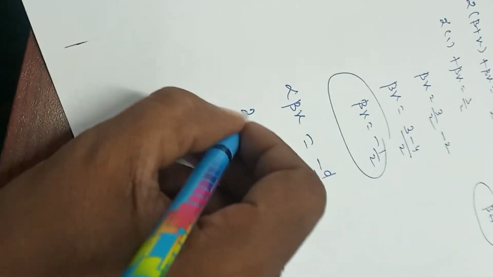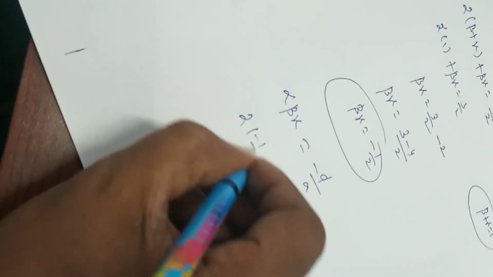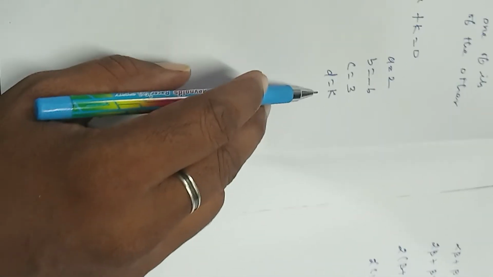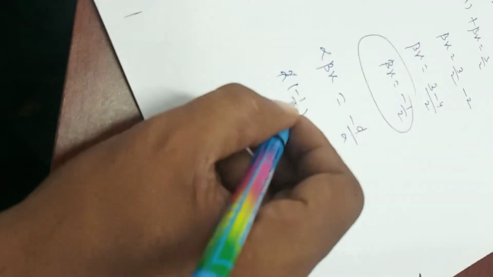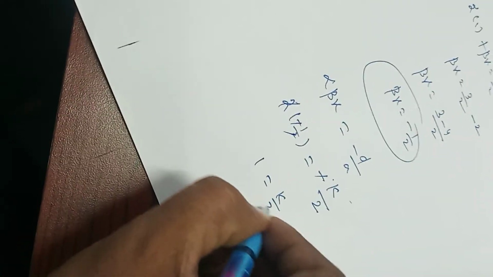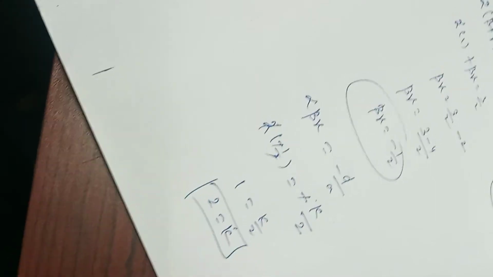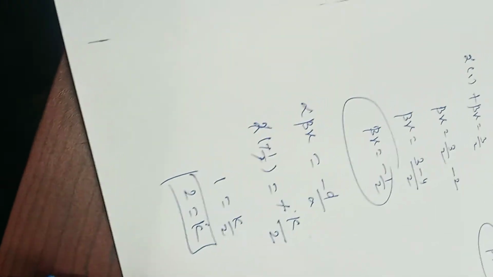Alpha is 2, beta gamma is minus 1 by 2, equal to minus k divided by 2. The 2 cancels, the minus cancels, 1 is equal to k by 2, so k is equal to 2. Then the k value is over.